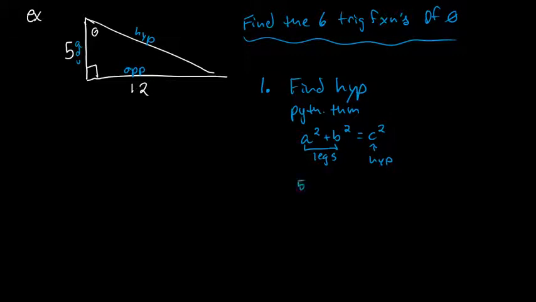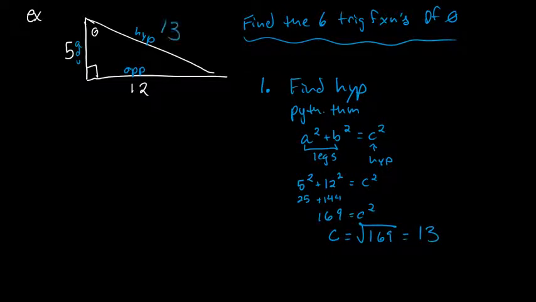That means 5 squared plus 12 squared equals c squared. That gives me 25 plus 144, or 169, is c squared. And in order to solve for c, I need to take the square root of 169, which gives me 13. So my hypotenuse is 13 units long.